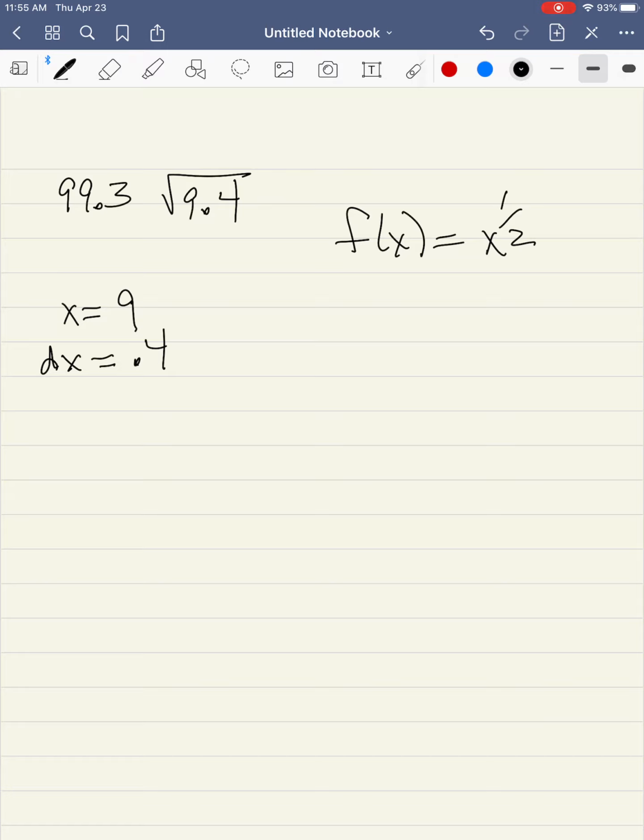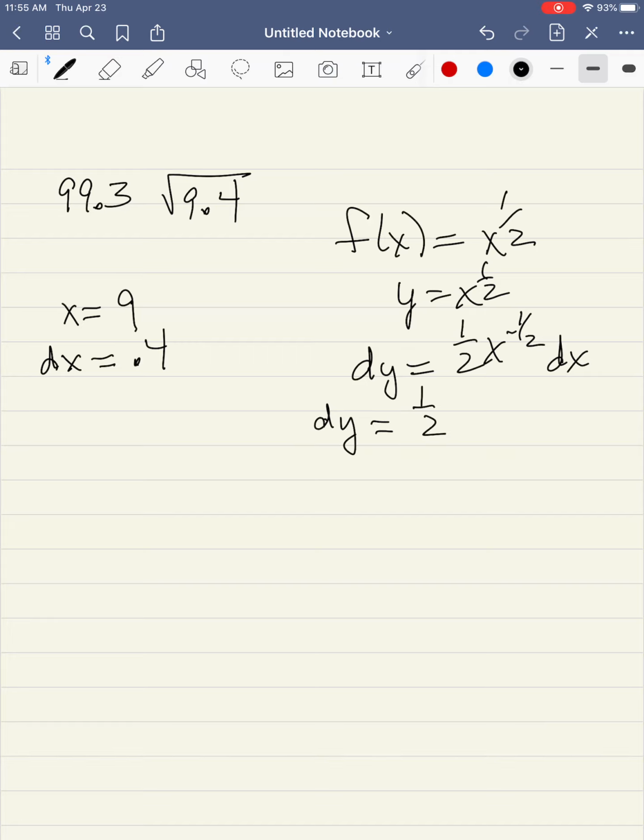So if we take the differential here, or call this y, then dy would be equal to 1/2 x to the minus 1/2 times dx. So dy would be 1/2, that would be x to the 1/2, the square root of x, down here.